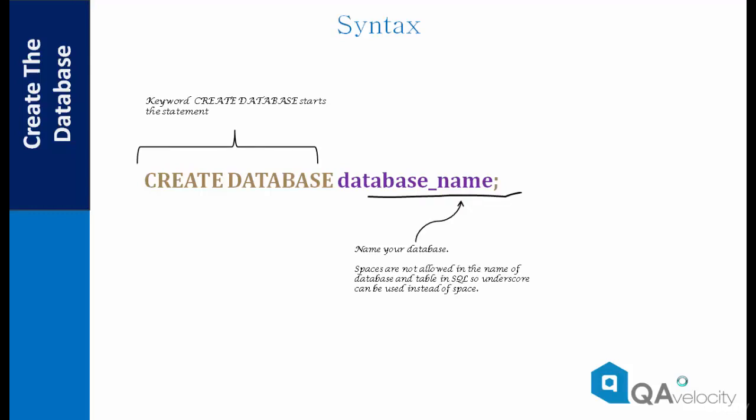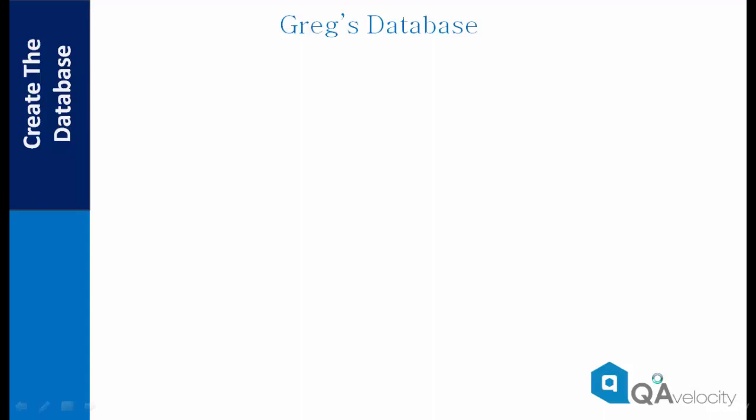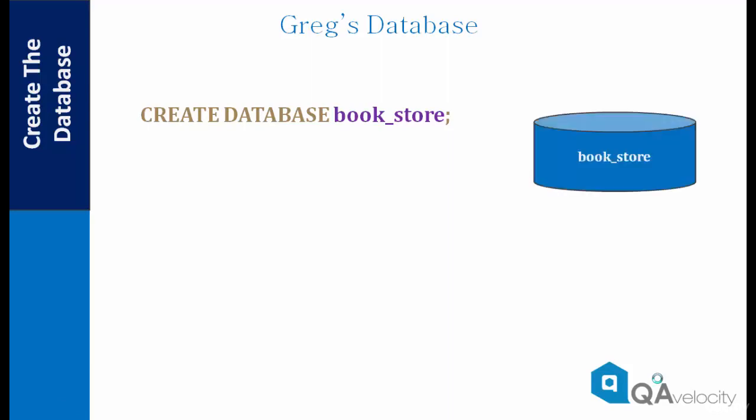Please note that space is not allowed in the name of a database, and as usual the complete statement ends with a semicolon. So Jeff has used the same keyword to create his database. Now Jeff has a database ready, but it is still a blank database. We need to add tables in it.